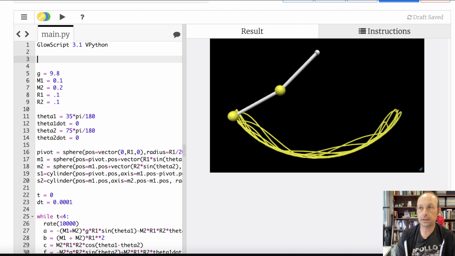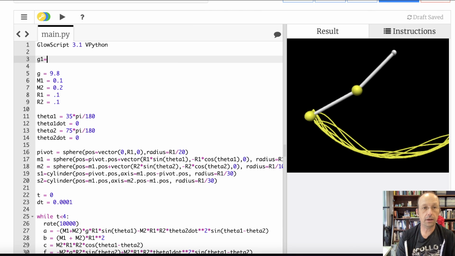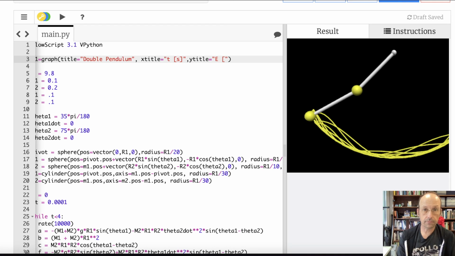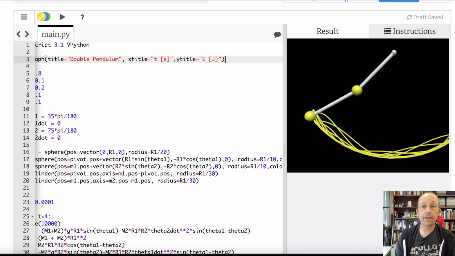So I'm going to go up here and say, let's make a graph. So G1 equals graph, title equals double pendulum. Double pendulum. It's a weird word. X title equals time. This is plot versus time. And then Y title is going to be equal to energy in joules. And then I'm going to have three graphs.